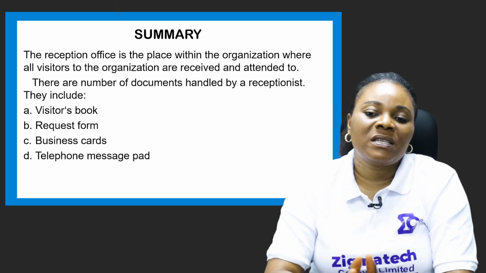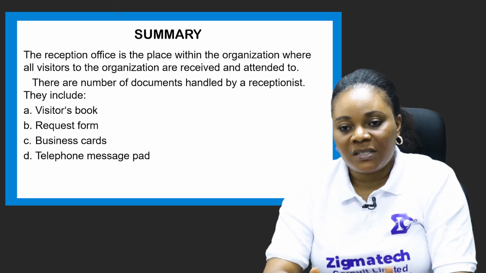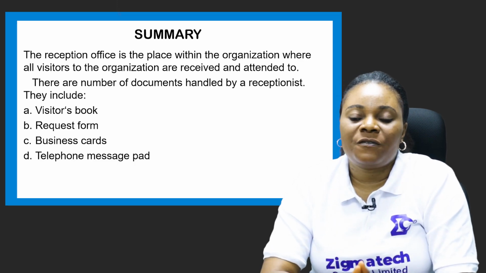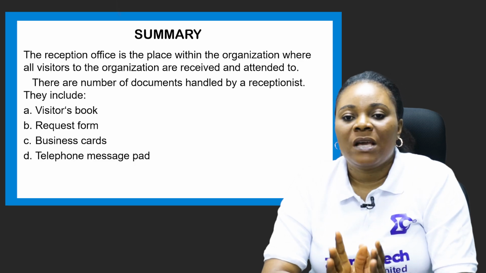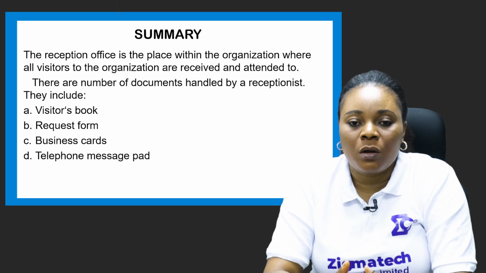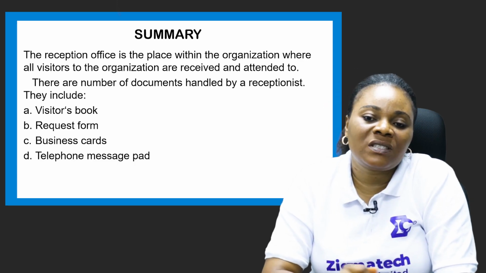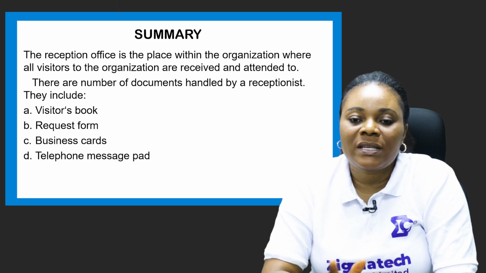Then the last one is the telephone message pad. And we said the telephone message pad is basically used for taking down telephone messages. If an officer is not on seat and you as a receptionist have received a call on behalf of the official, it is essential for you to take down some notes about the call.